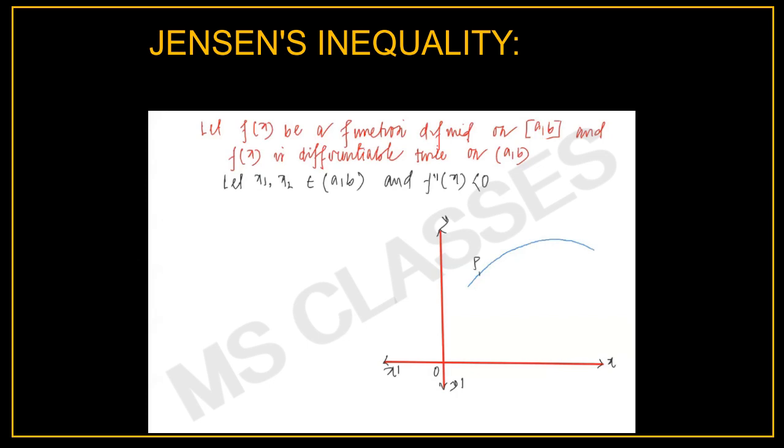One is the point P, and the other is the point Q. Now point P is (x1, f(x1)), and Q is (x2, f(x2)).